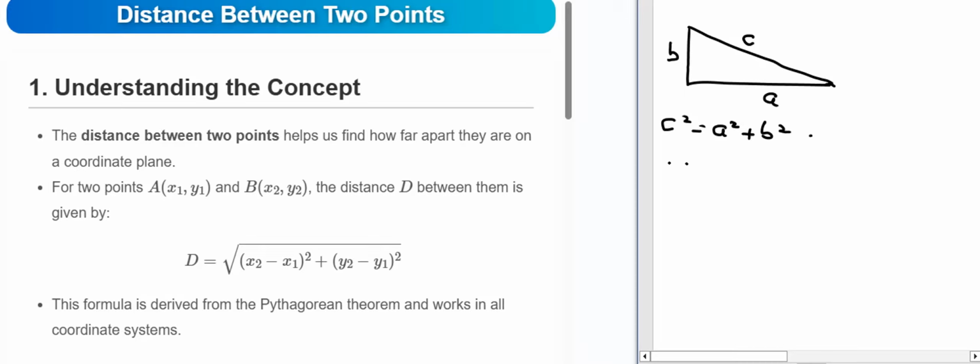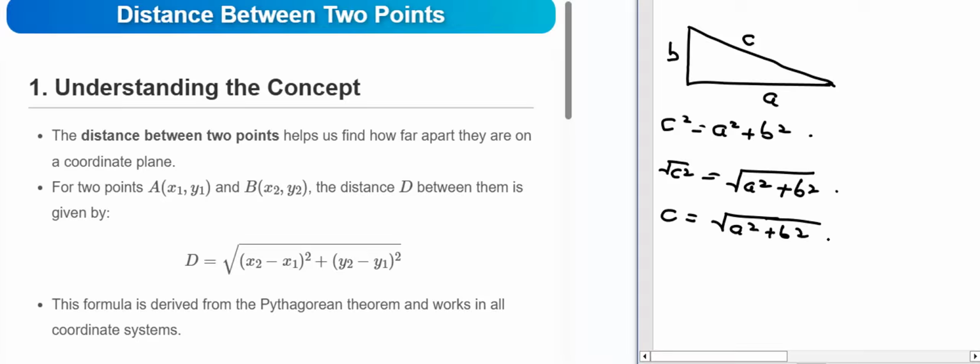So the square root of C squared equals the square root of A squared plus B squared, then the answer becomes C is equal to the square root of A squared plus B squared, because the square root of C squared will be C. Here, because I have addition, there is no need of reducing or taking the square root, let it remain like that. So keep this knowledge in the back of your mind when you sit to explore this concept.